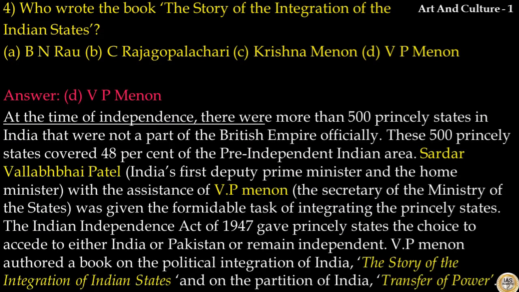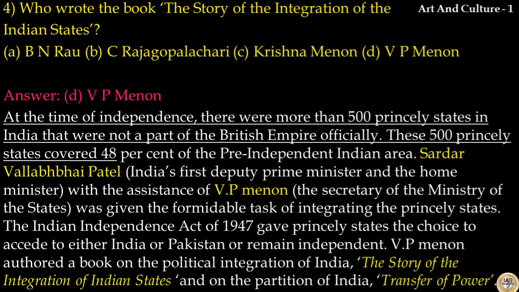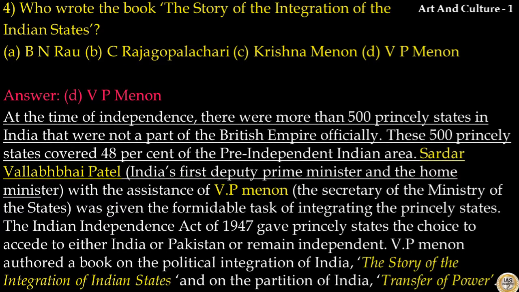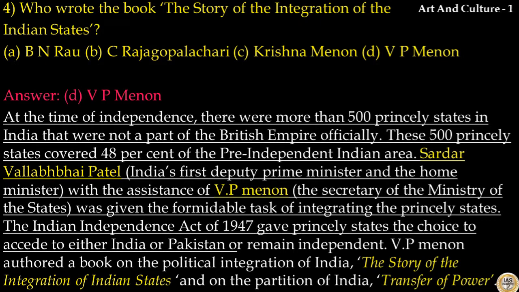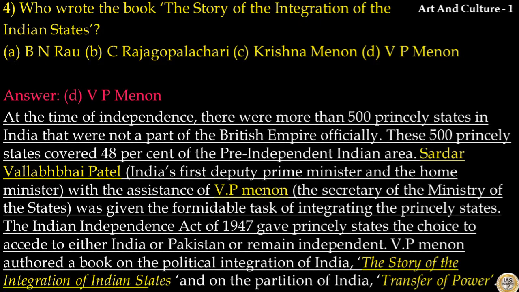At the time of independence, there were more than 500 princely states in India that were not officially part of the British Empire. These 500 princely states covered 48% of the pre-independent Indian area. Sardar Vallabhbhai Patel, India's first Deputy Prime Minister and Home Minister, with the assistance of V.P. Menon, the Secretary of the Ministry of States, was given the formidable task of integrating the princely states.